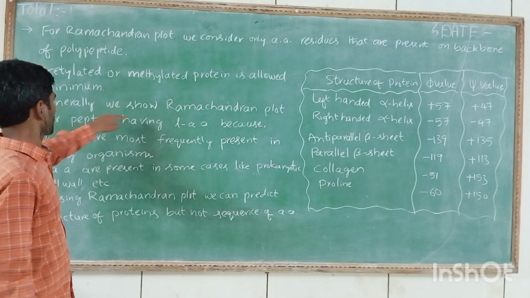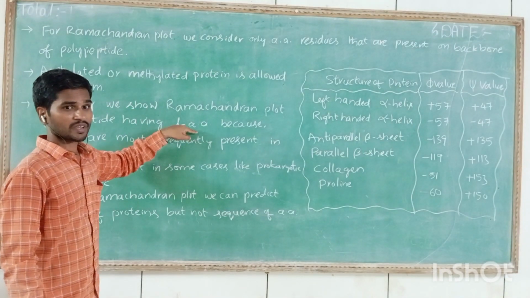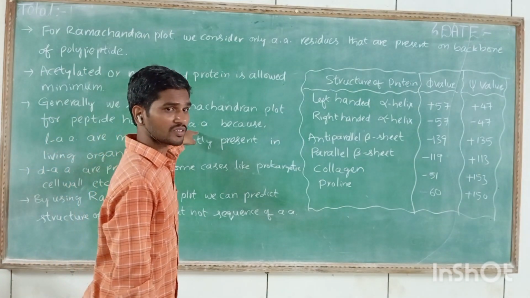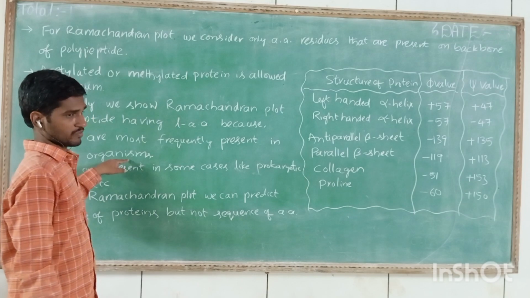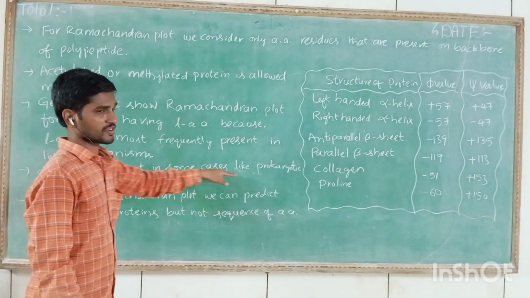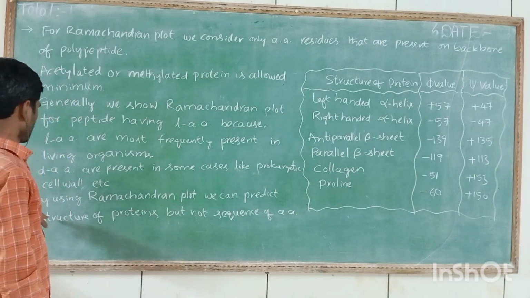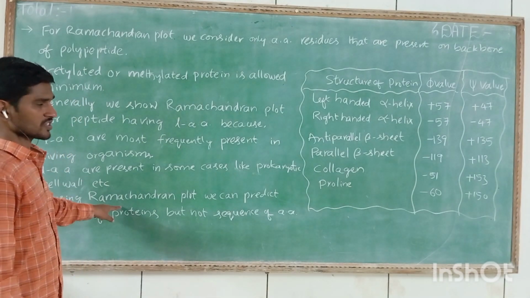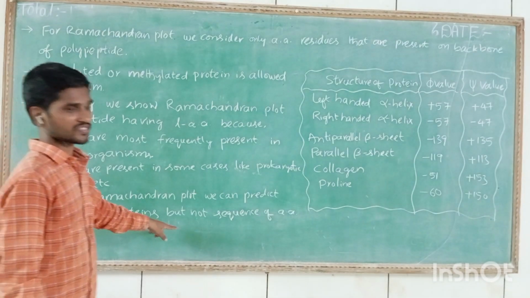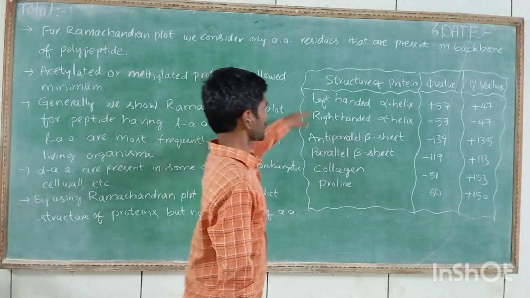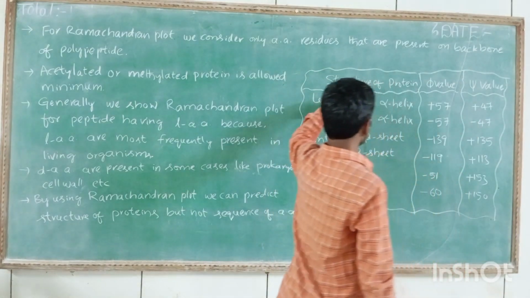Generally, we show the Ramachandran plot for peptides having L amino acids, because in living organisms L amino acids are most frequently available, except in some cases like prokaryotic cell walls having D amino acids. Using this Ramachandran plot, we can predict the structure of proteins but not the sequence of amino acids. The structures of proteins have specific phi values and psi values.